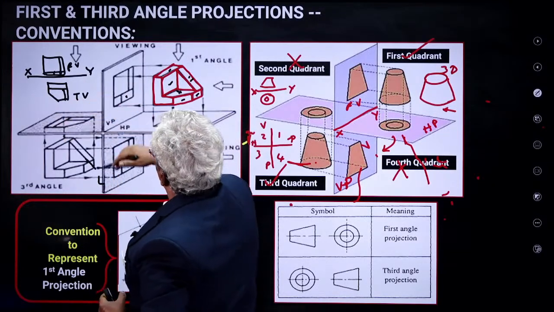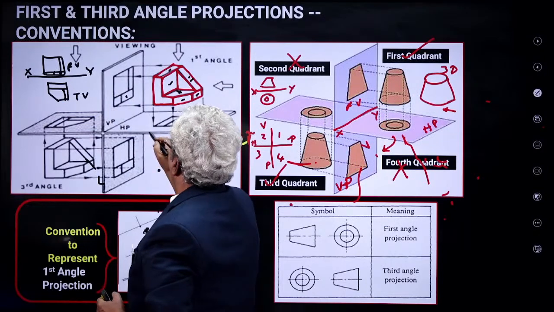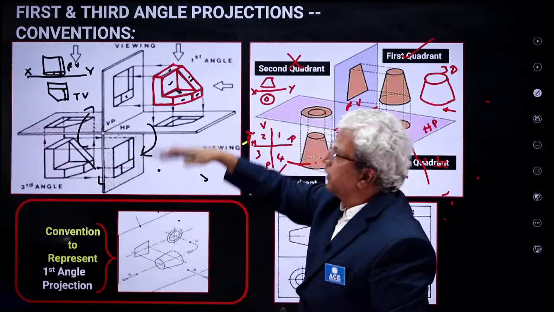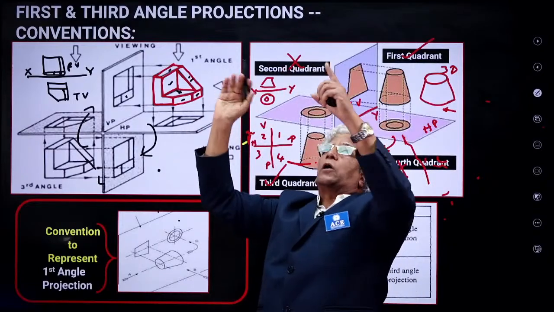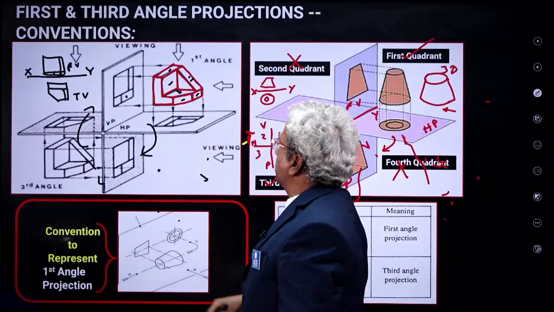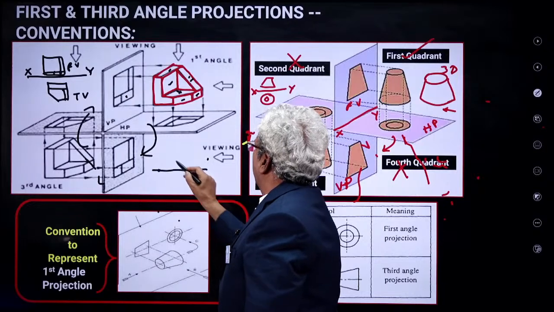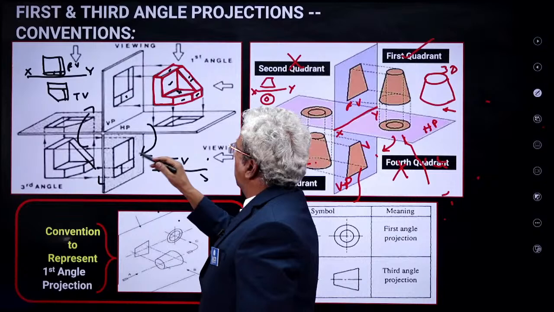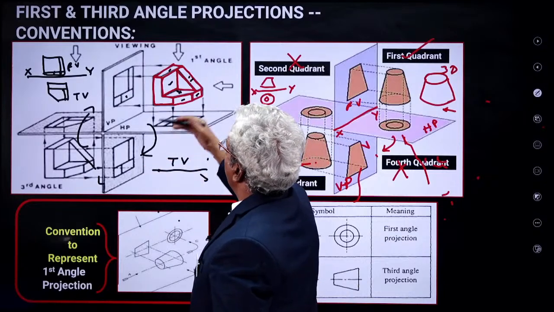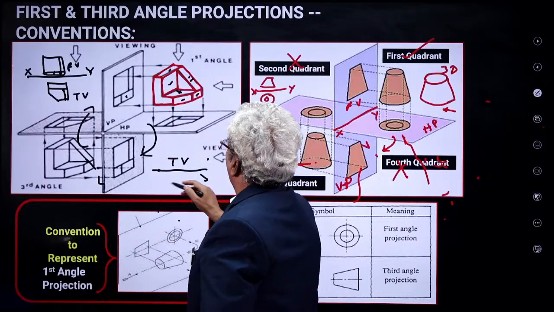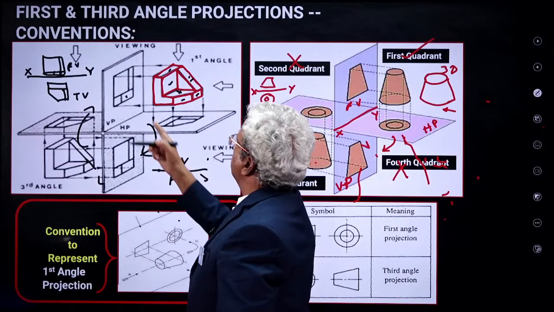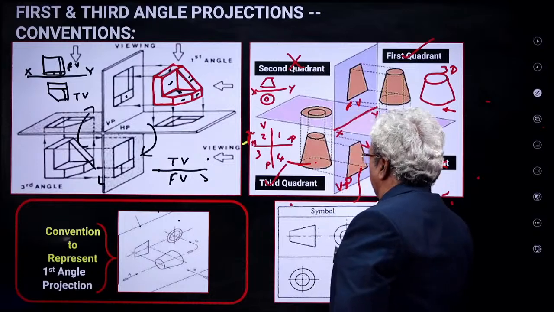When you are using these planes and you turn the top view like this, it goes to the top. So in the third angle projection, about the XY line, the top view will be at the top and the front view at the bottom. You see the reverse? Okay. This is for the third angle projection.